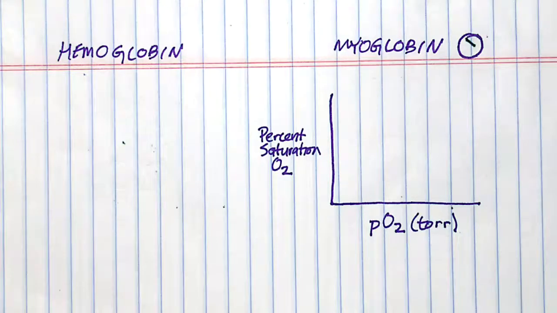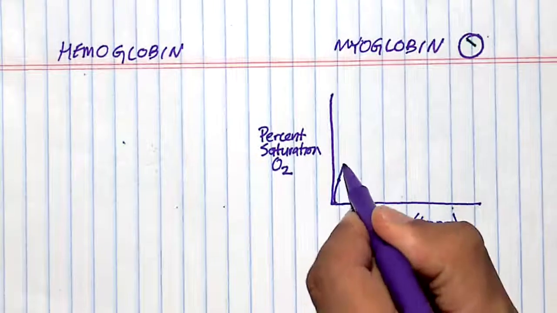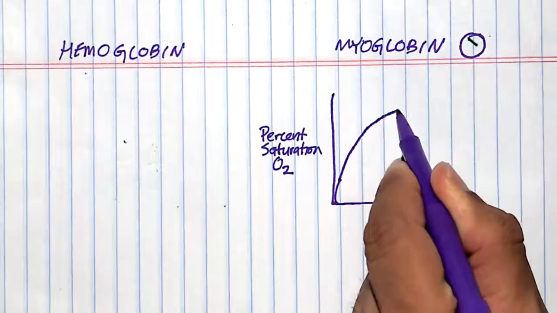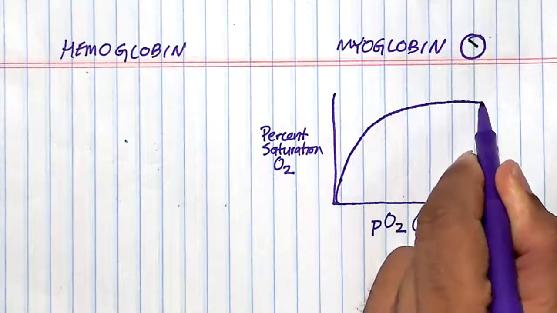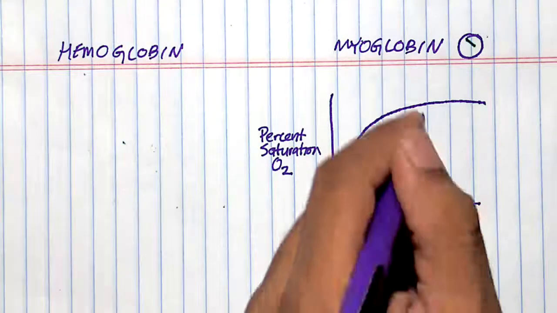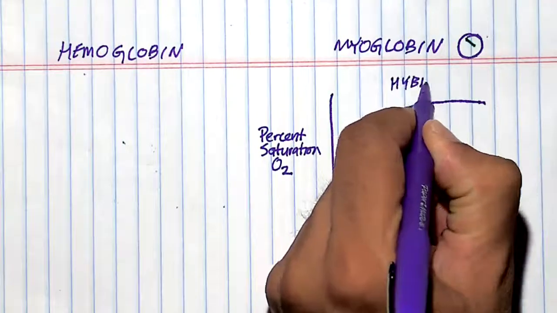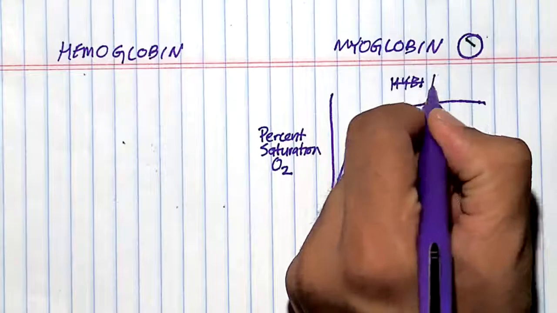So the way this binding curve actually works is that it looks like this. So that is what the binding curve of oxygen to myoglobin actually looks like. So what is the name of this curve? This curve actually has a name, and it's called hyperbolic.